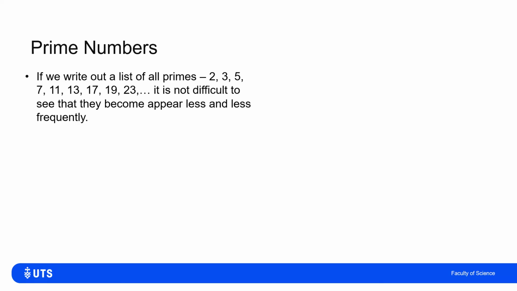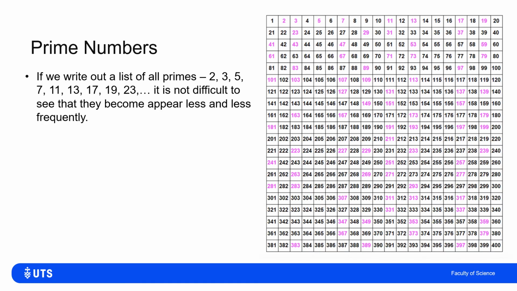We can write out the list of primes, and you've probably seen this maybe on a poster on the wall of a high school mathematics classroom: 2, 3, 5, 7, 11, 13, 17, 19. As we proved on the previous slide, larger than 2, there will not be any even numbered primes. And we can see, if I write them all out, that they become less and less frequent.